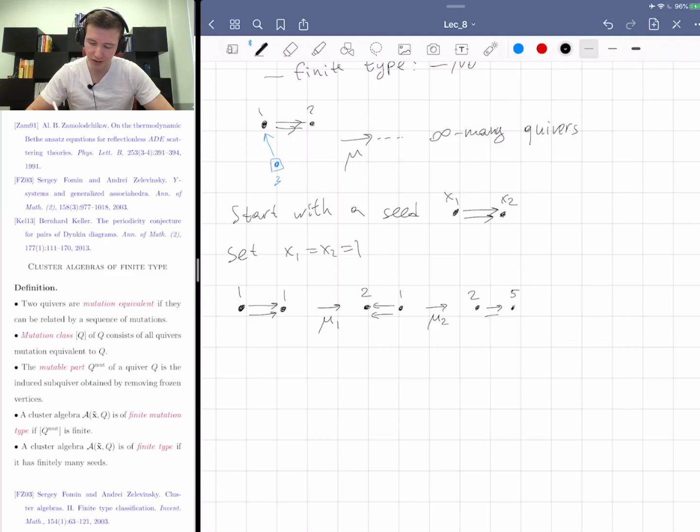Okay, right, because as I mutate, I get 1 is replaced with 2 squared plus 1 over 1. So that's a 5. Because there's 2 arrows, I have to take 2 squared. Let me distinguish the quivers from the mutations. All right, what's the next one?